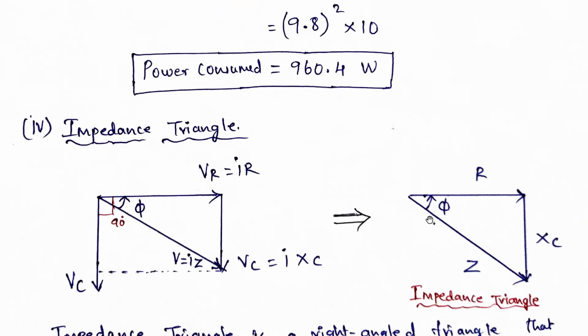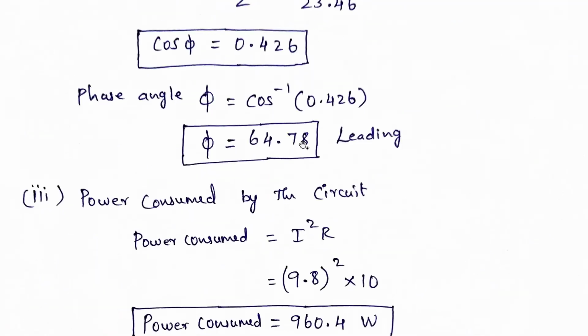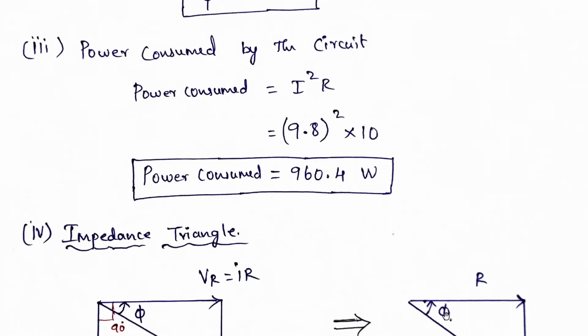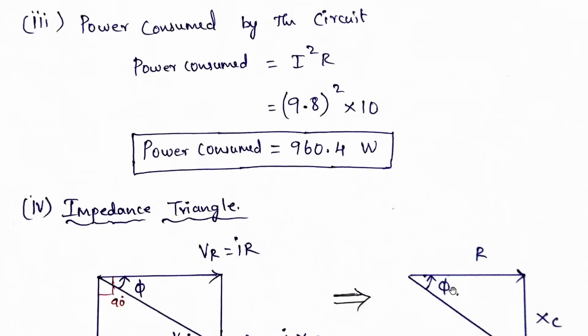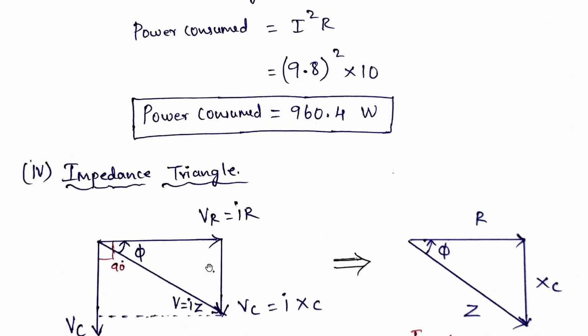In the impedance triangle, what is phi? Phi is nothing but 64.78 leading. Why is it leading? In the capacitance, the capacitor current will always be leading the voltage by an angle of phi, with respect to the voltage.